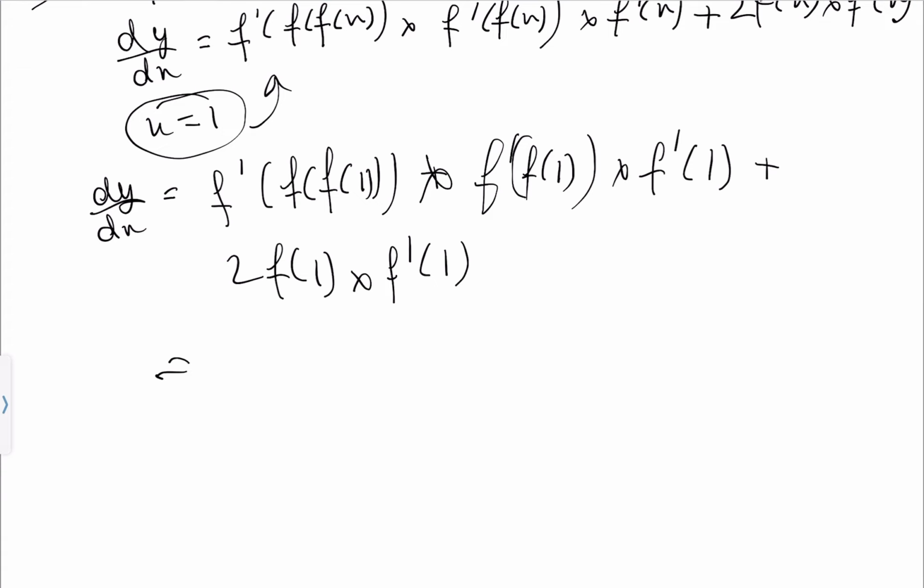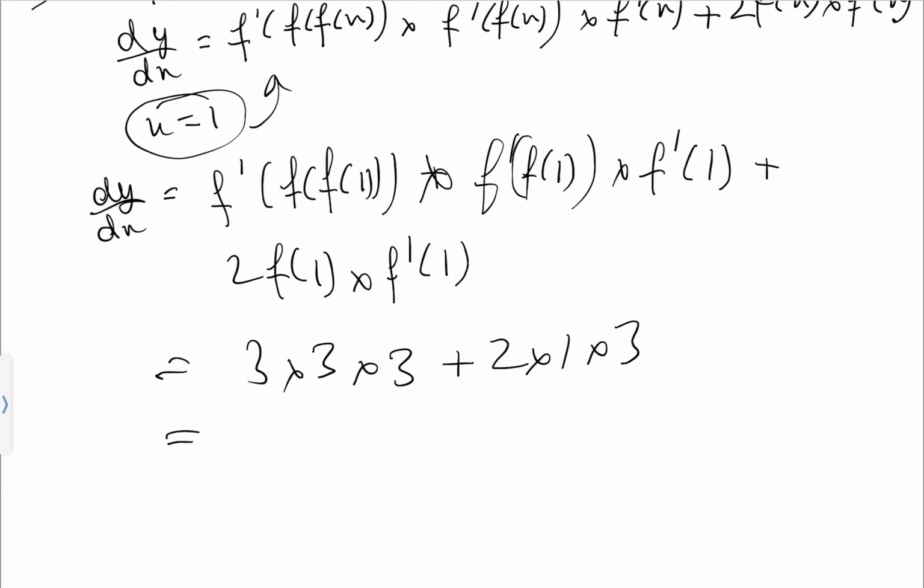Okay, just stay with me. f of 1 equals to 1, so f dash of f of 1 is f dash of 1, which equals 3. So this value becomes 3 into 3, which is 9, plus twice into 1 into 3, which is 6.